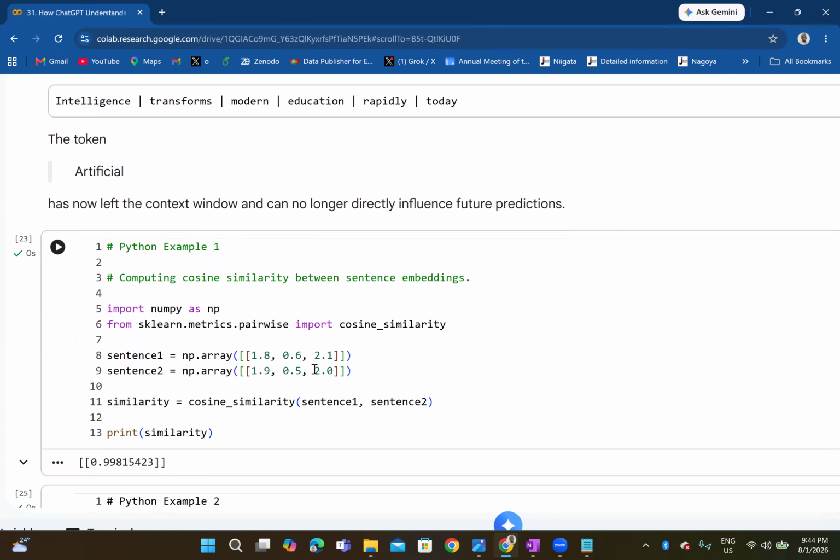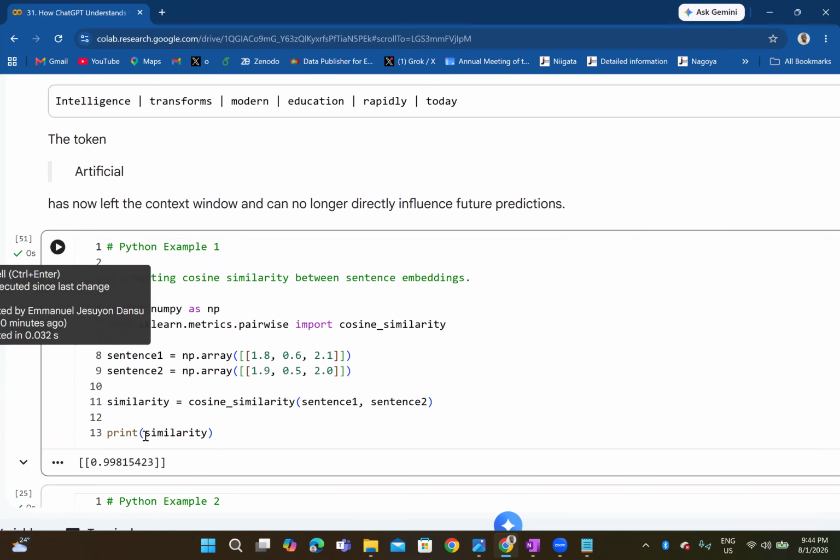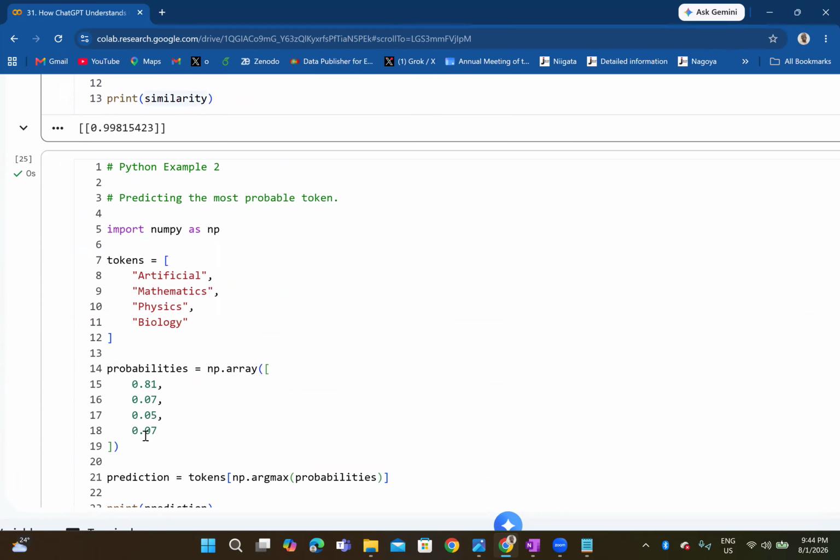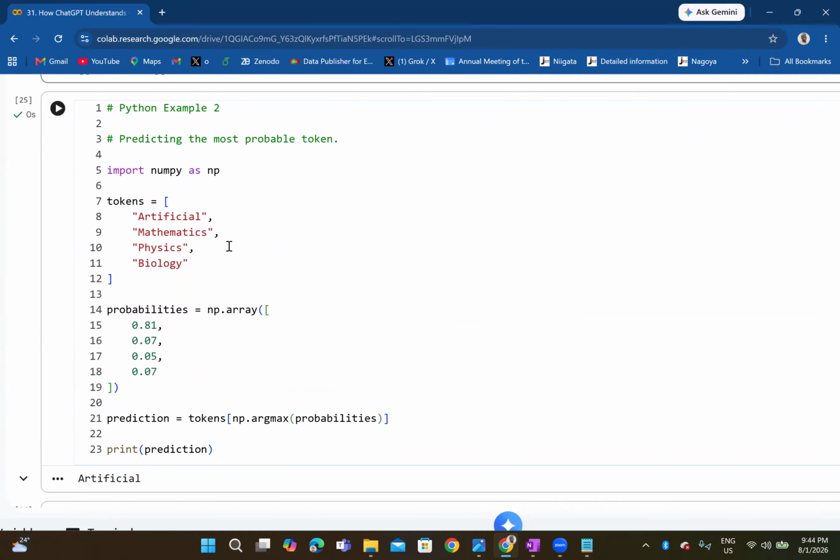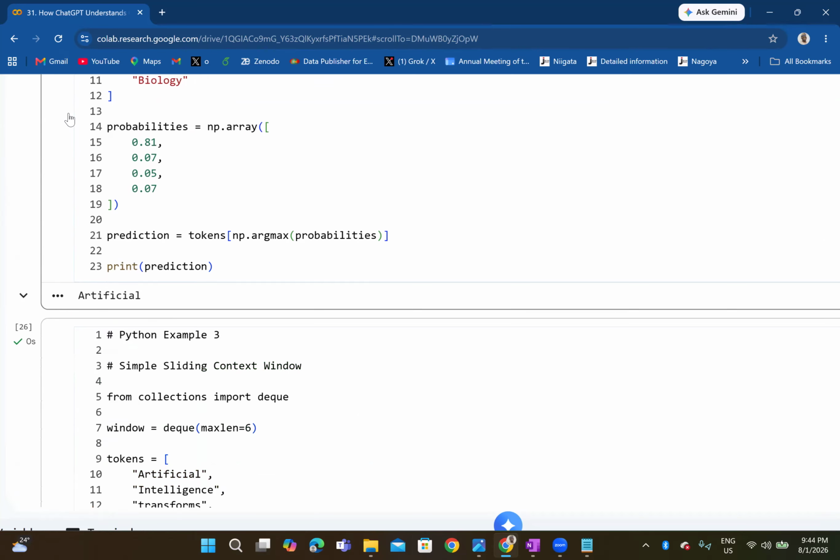So like the ones we said before, the two sentences with these embeddings have 0.9981, which we saw before, and then for this probability, artificial, math, predicting the most probable token now. Because artificial has 0.81, it's easy to predict artificial in that case.